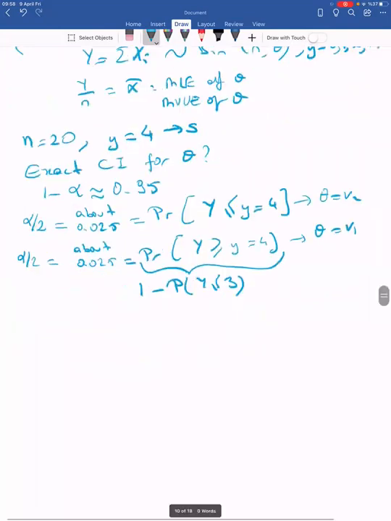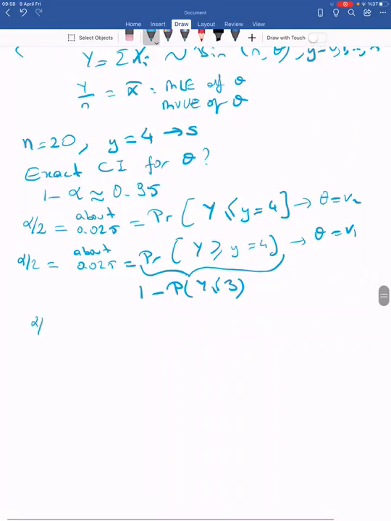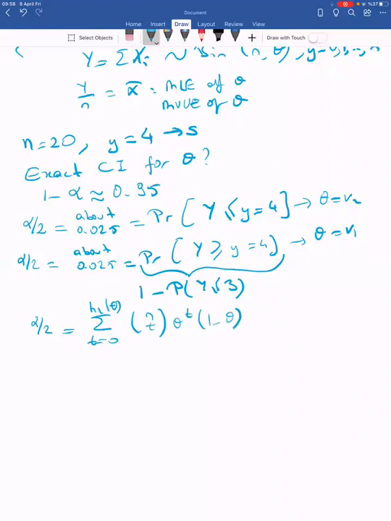Okay, so basically what we did here, we approximately get alpha over 2, get the sum, let's say t from 0 to h1 theta, n choose t, theta to the t, and 1 minus theta to the n minus t.